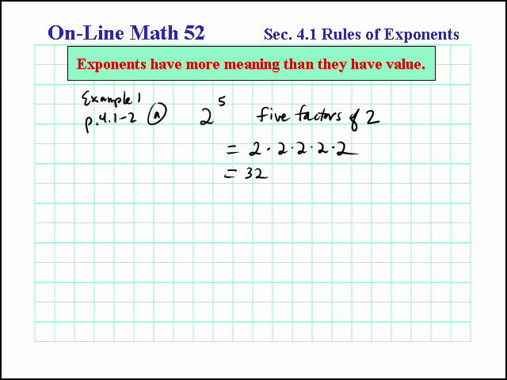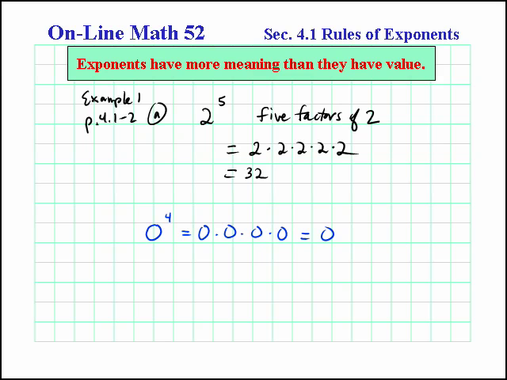Okay? And that's what you need to do with the rest of example 1. There are a couple of rules that follow directly after this. 0 to any power, like say the 4th power, is going to equal 0, because that's 0 times 0 times 0 times 0. 4 factors of 0.